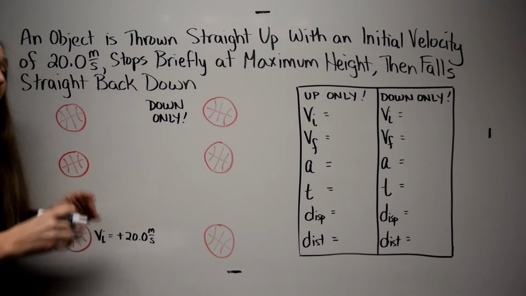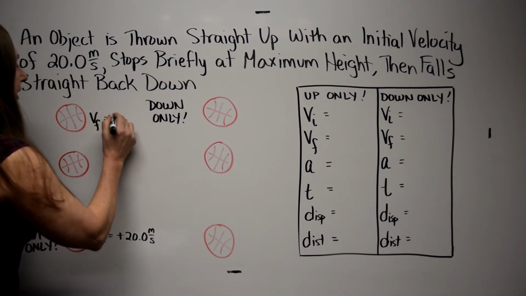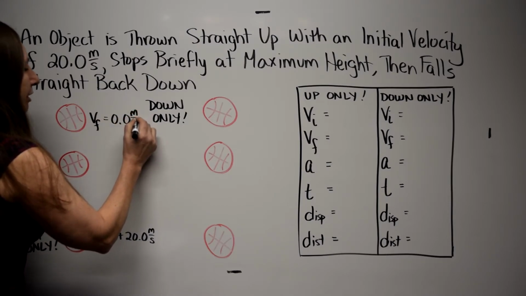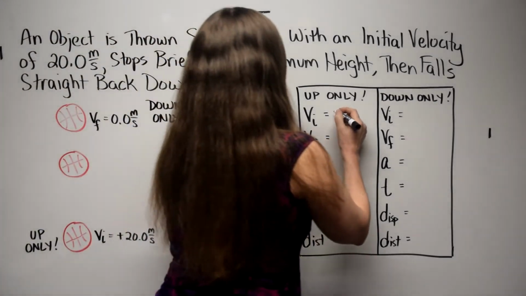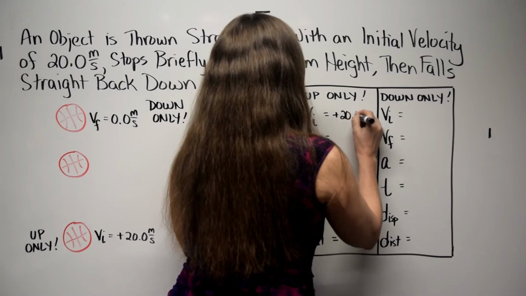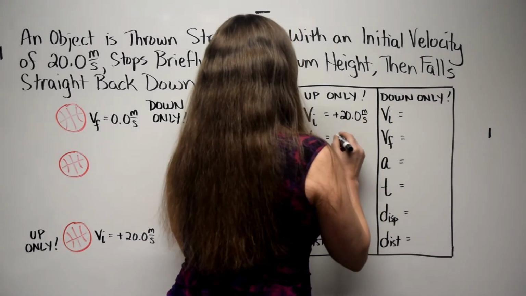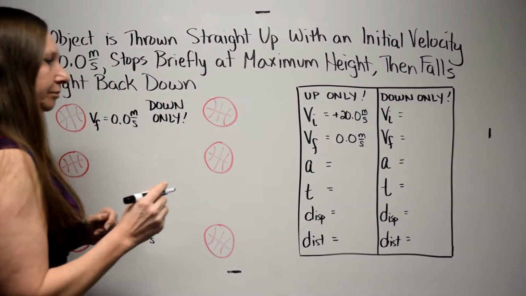If we look at just up, then V final up here is where it stops briefly, and V final would be 0 meters per second.